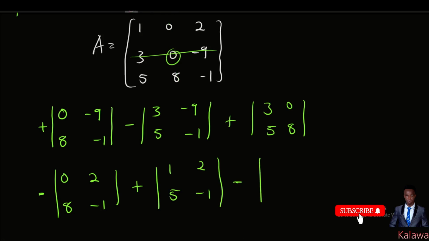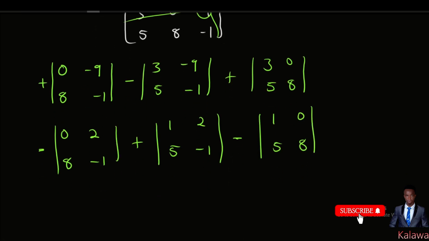And we find the minor for minus 9. This is going to be, take this out. It's going to be 1, 0, 5, 8. Move again.